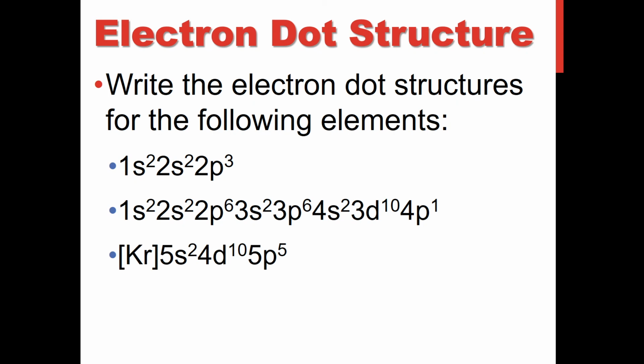This one, again, 5th row, 5th in the column for that P block. So 5th row, we're looking at indium, tin, antimony, tellurium, and iodine. That would be iodine. Iodine has s2 and p5, 7, so it has 7 dots around it.